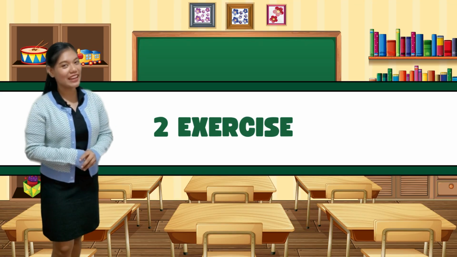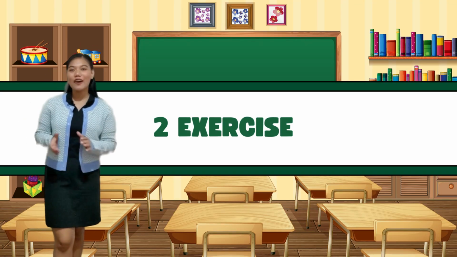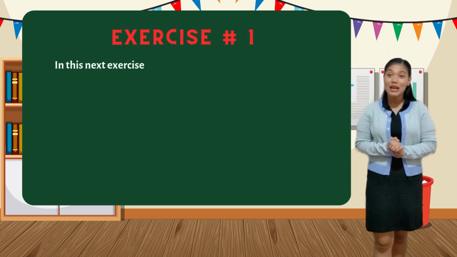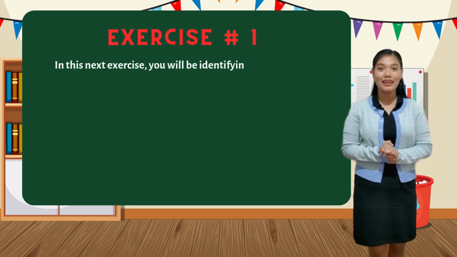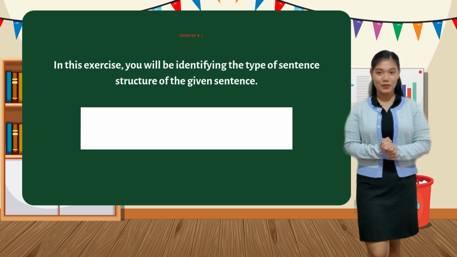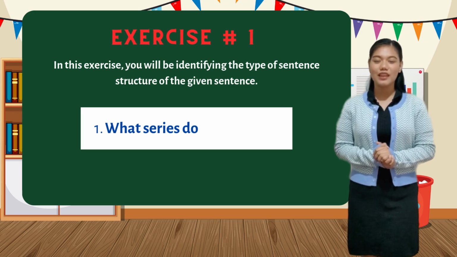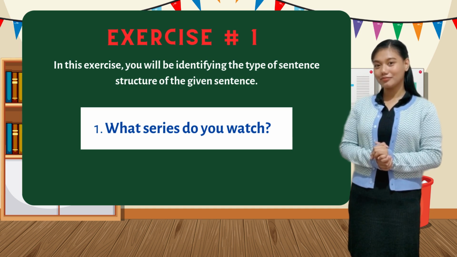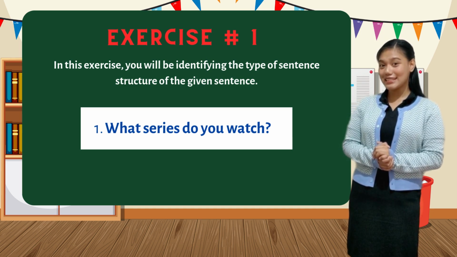Now, to test again your learnings, I have this exercise. For this next exercise, you will be identifying the function of the given sentence. First sentence. What series do you watch? This is what?